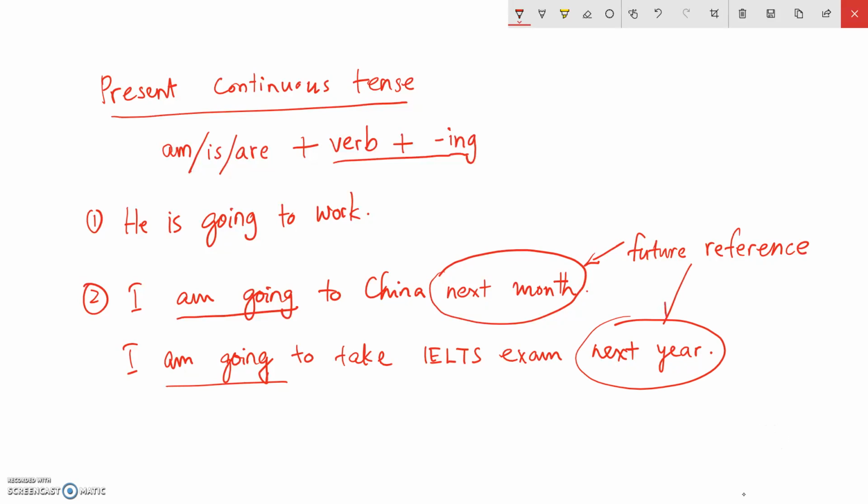So this is also future reference. So in short, the two uses of present continuous tense would be: 1, to talk about action that is happening right now at the time of speaking, and to talk about action that is going to happen in the future.